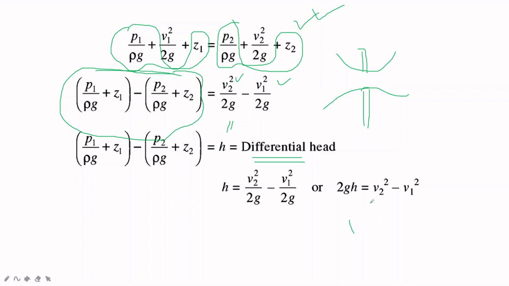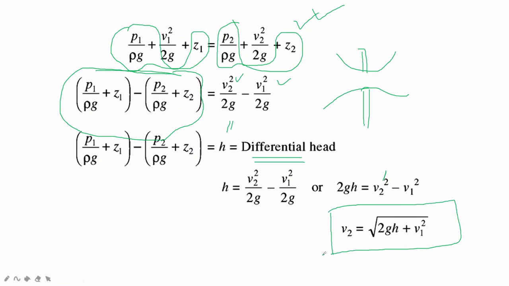So V2 square is equal to 2gh plus V1 square. So V2 is equal to root of 2gh plus V1 square. Now we have found the value of V2. We'll take this as equation number 1.